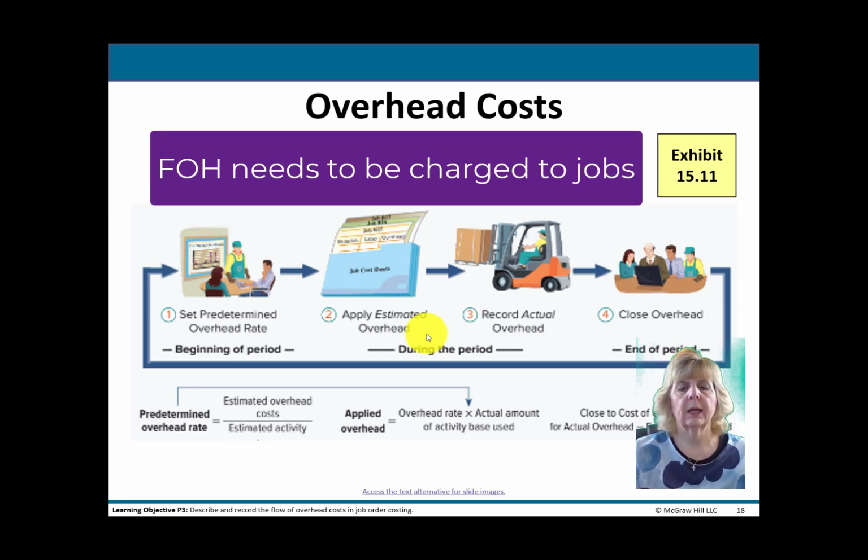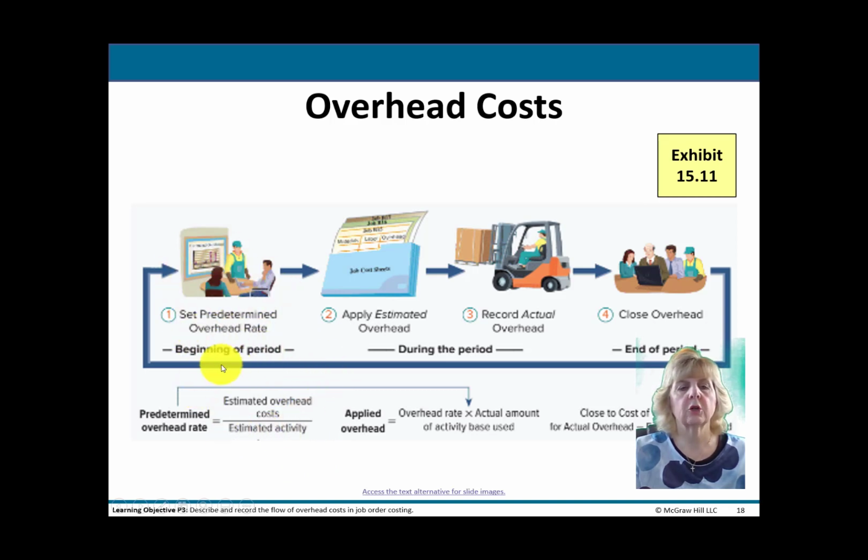Okay, well now we're getting into a more realistic example of how overhead's charged out. We don't wait until the month end and simply add up the overhead costs. We need a mechanism to charge out the overhead to the jobs as they are making their way through the factory. We do that through the use of a predetermined overhead rate.